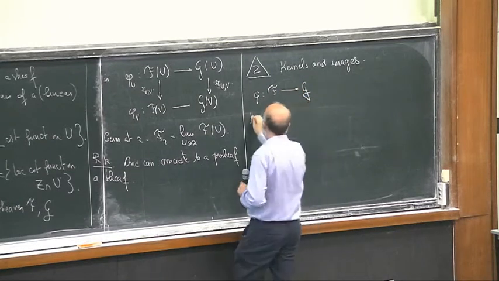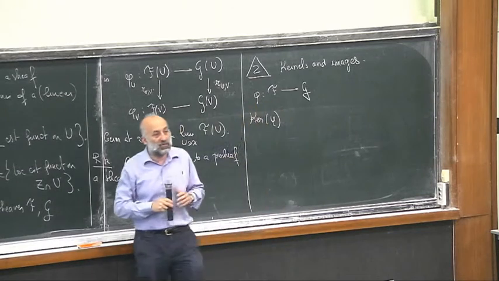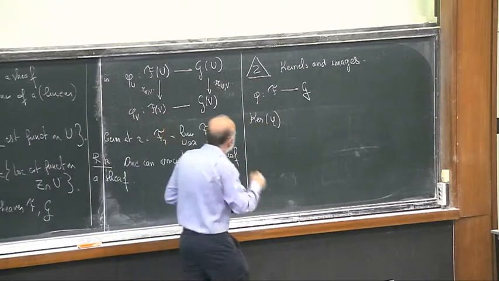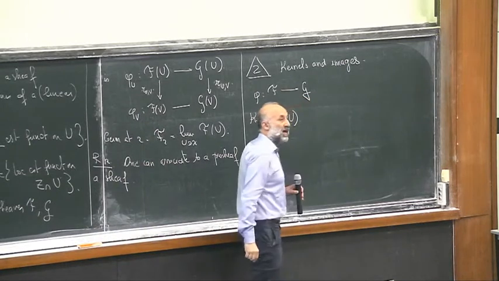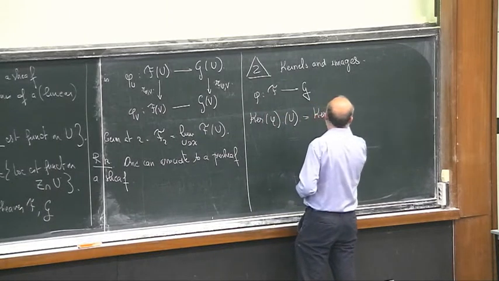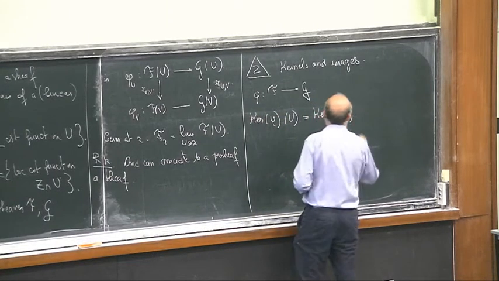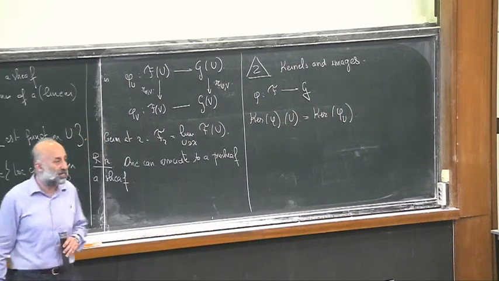Okay. What's the kernel of phi? Well, the kernel of phi, you want this to be a sheaf. And so you should say for any set U, what is this? Well, there's an obvious definition, which is this. Just take the kernel of the map phi_U. And this is good.